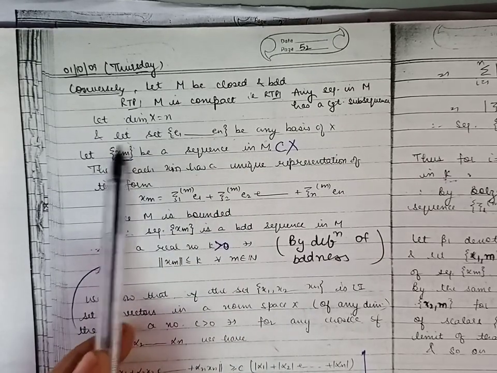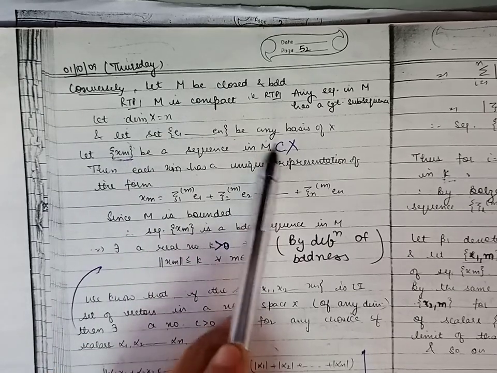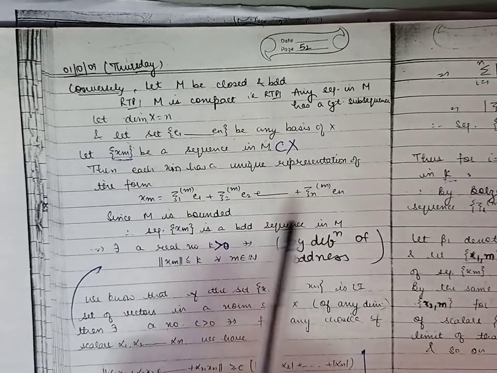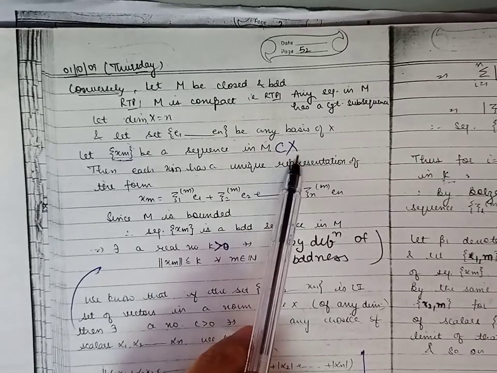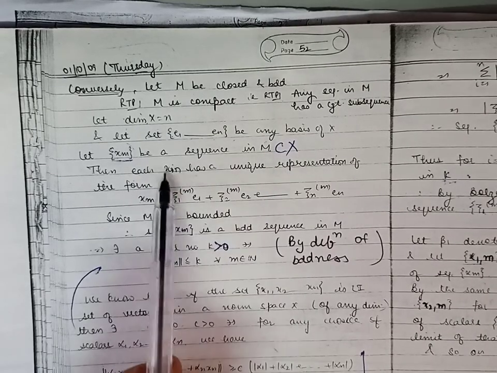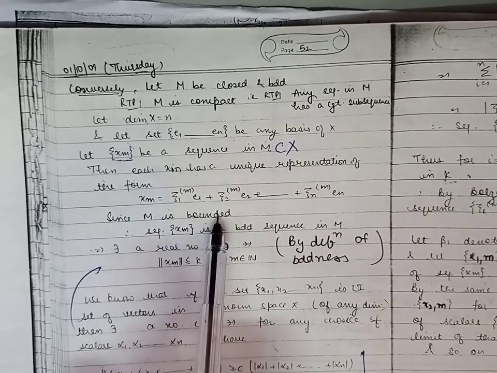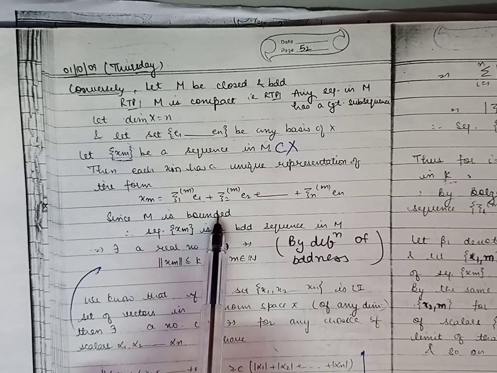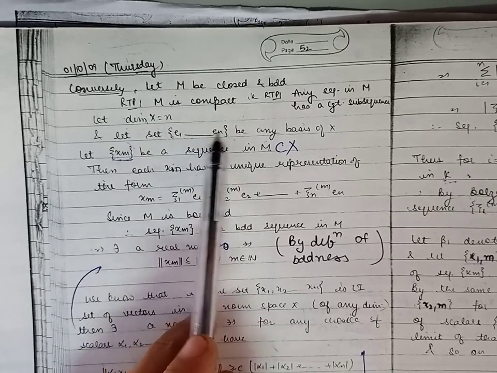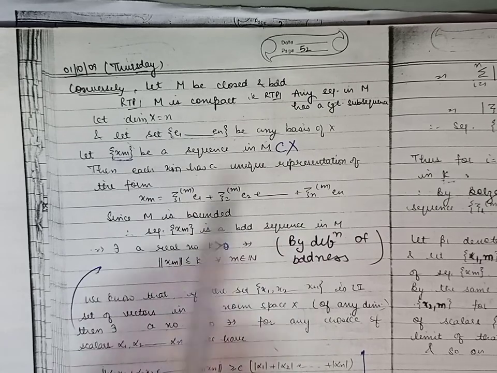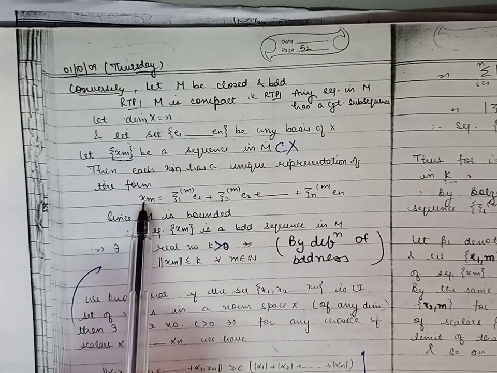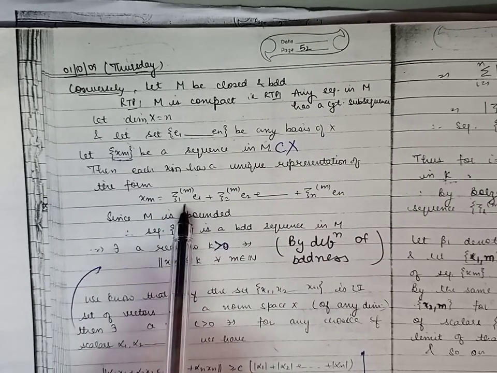Because each xm belongs to M, and M is a subset of X, each xm can be written as a linear combination of the vectors e1, e2, e3 up to en. So we have denoted the vector xm by this linear combination.